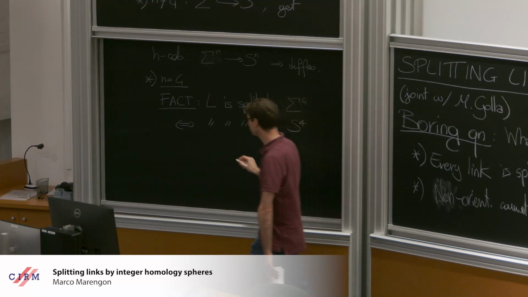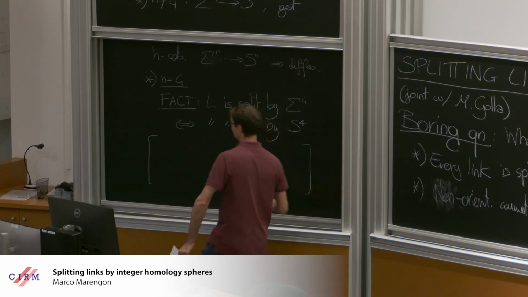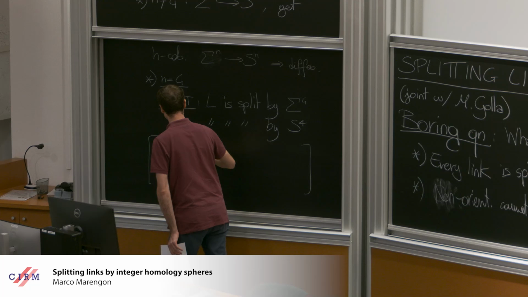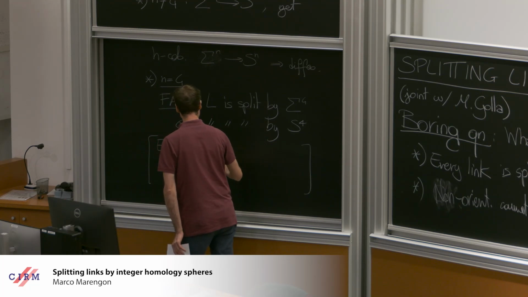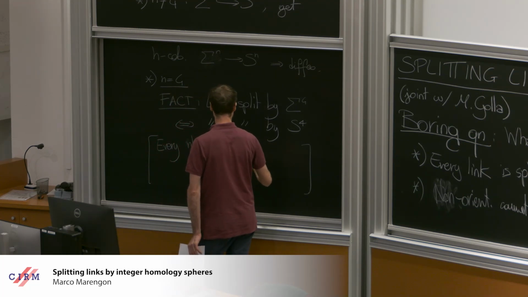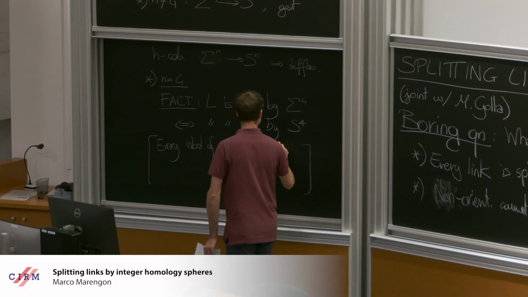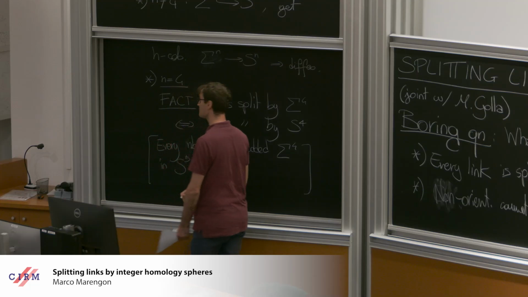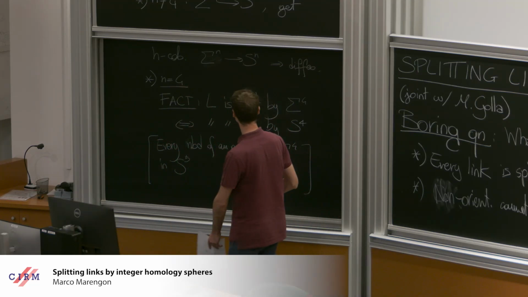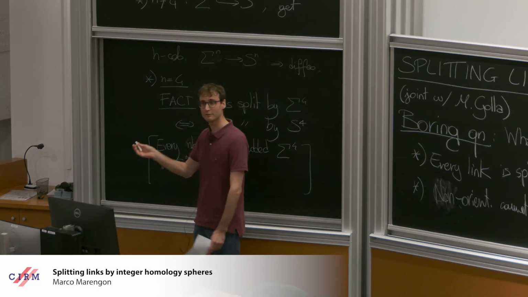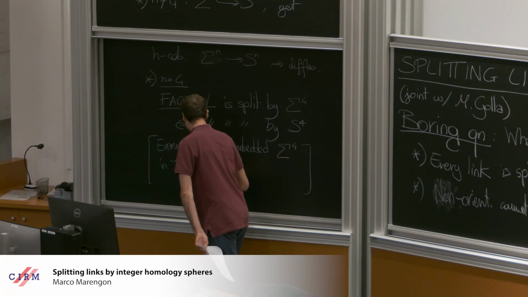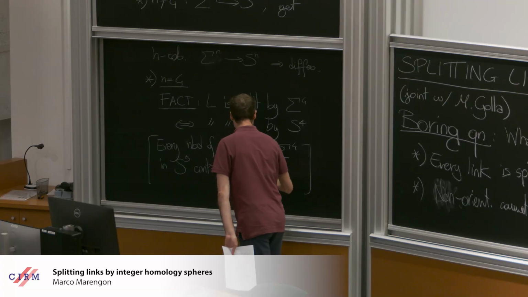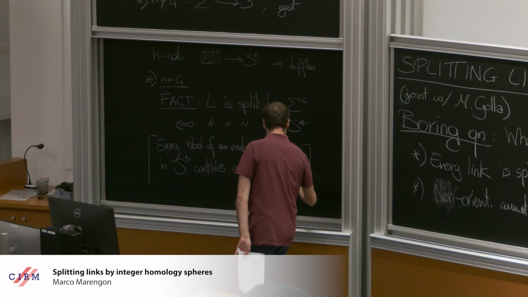And the reason is that every neighborhood of an embedded sigma^4 in S^5, or really in any orientable, or actually you don't even need orientable, 5-manifold, contains every other sigma^4 tilde.